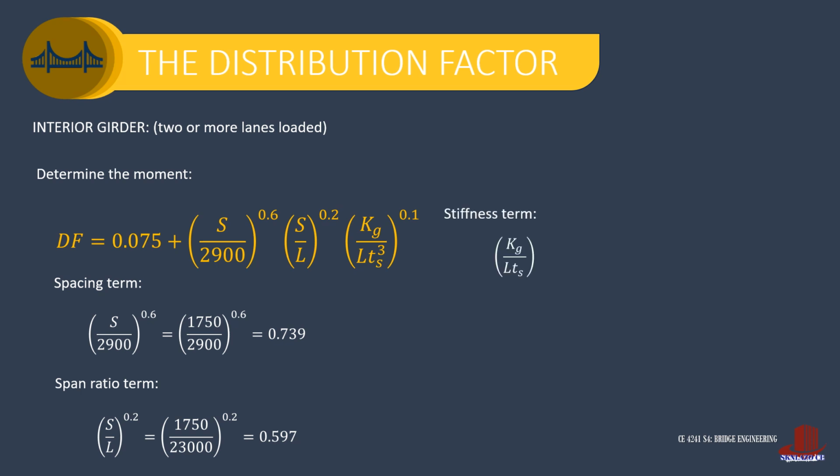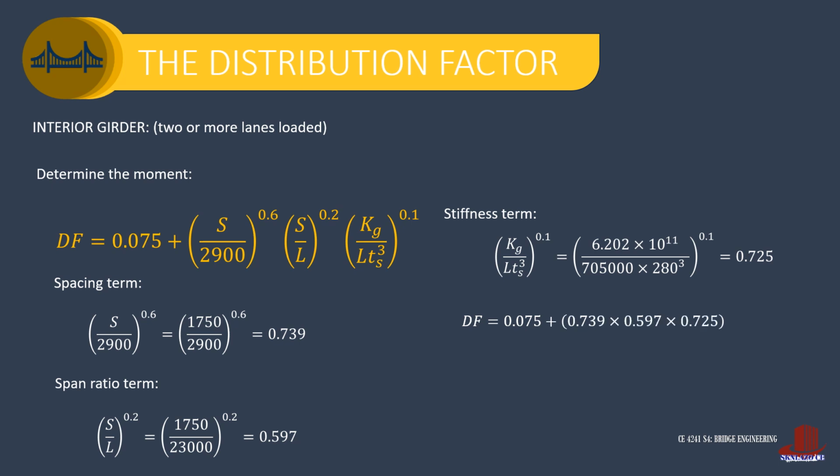Then the stiffness term is the stiffness parameter divided by 705,000 by the cube of 280, then raise the quantity by 0.1, giving 0.725. The DF is computed as 0.075 plus 0.739 times 0.597 by 0.725, which is simplified as 0.395 or 39.5%.